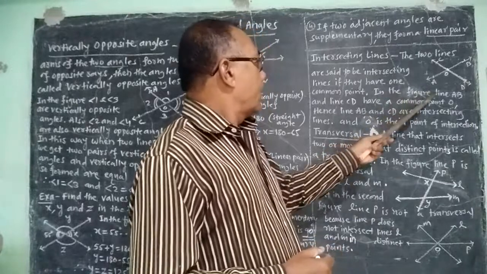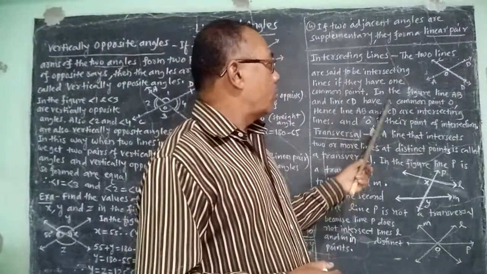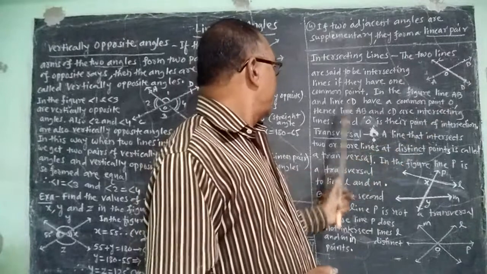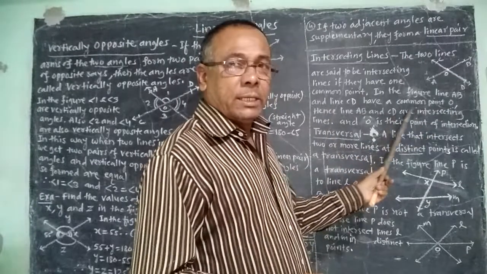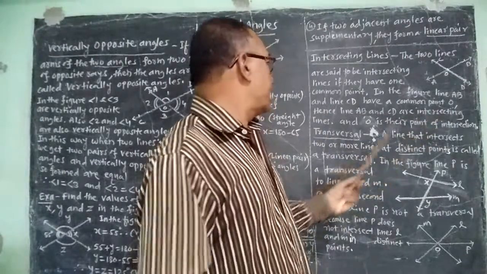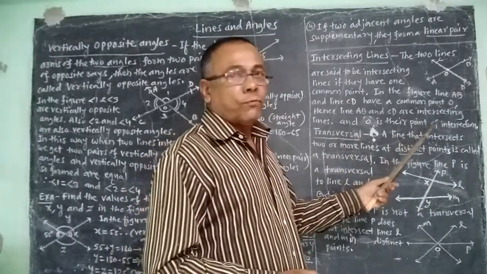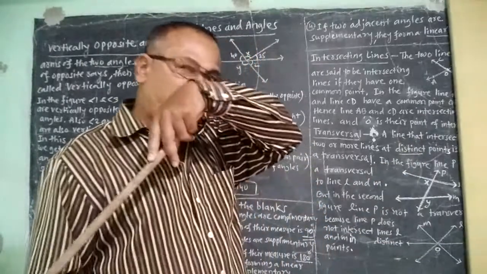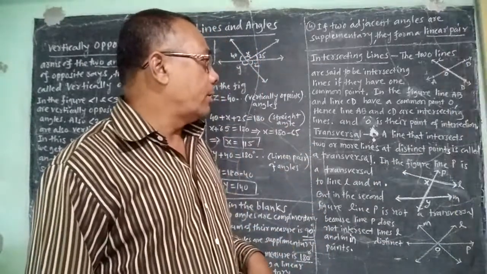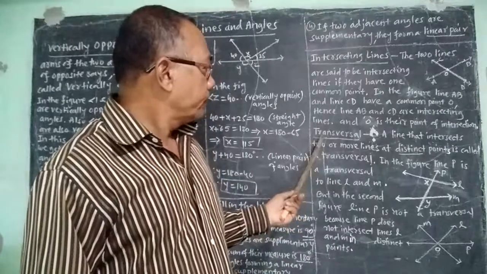In the figure, line AB and line CD have a common point O, hence they are intersecting lines, and the point O is called the point of intersection.